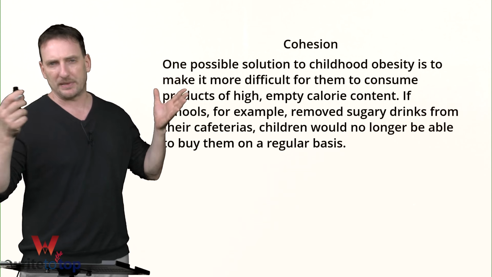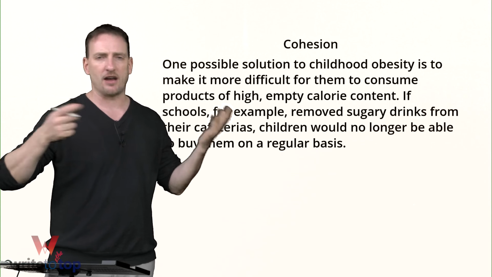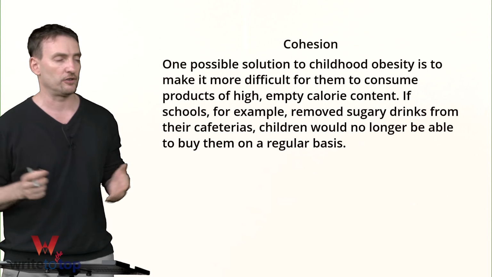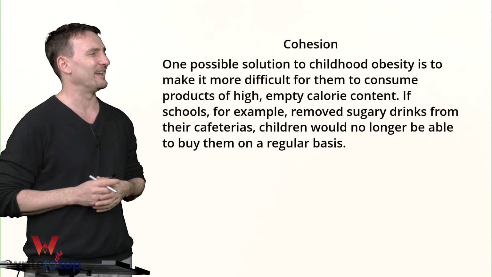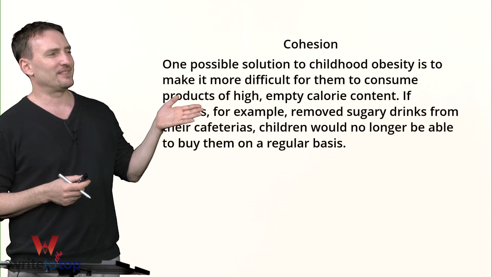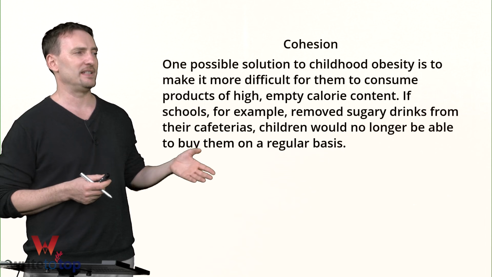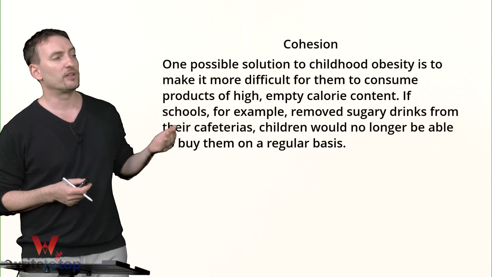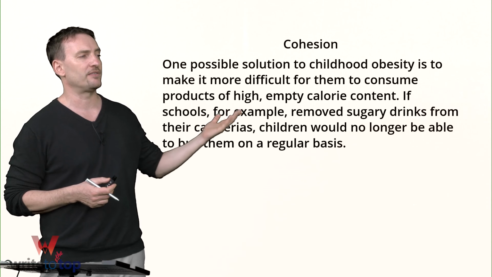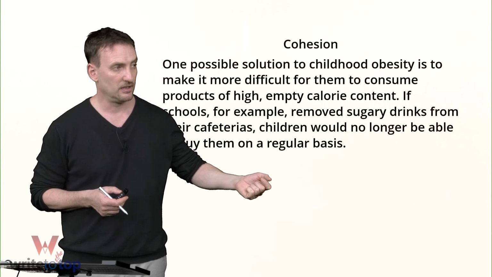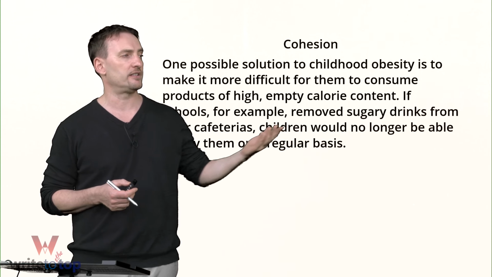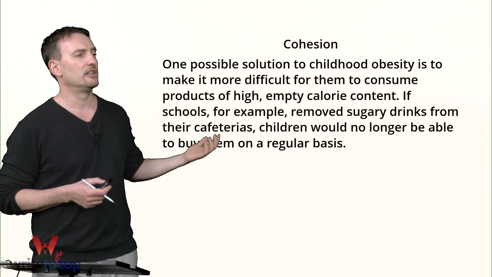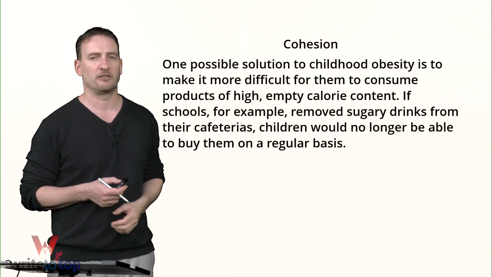One, we're talking about obesity and some causes and solutions of childhood obesity, solutions anyway. So one possible solution to childhood obesity is to make it more difficult for them to consume products of high empty calorie content. If schools, for example, removed sugary drinks from their cafeterias, children would no longer be able to access them on a regular basis.